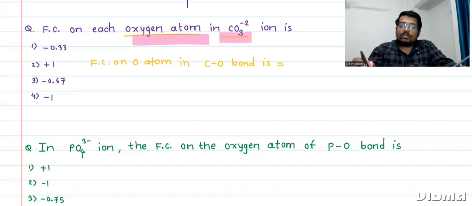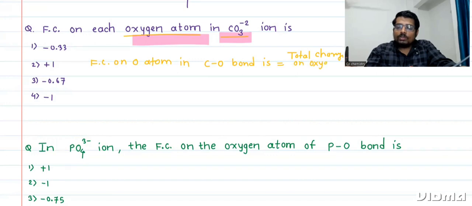In the carbonate ion, we know that two oxygens carry minus one charge and the remaining one oxygen has no charge. So what is the total charge here? Total charge is equal to minus 2. The formal charge is the total charge on oxygen atoms divided by the total number of oxygen atoms.